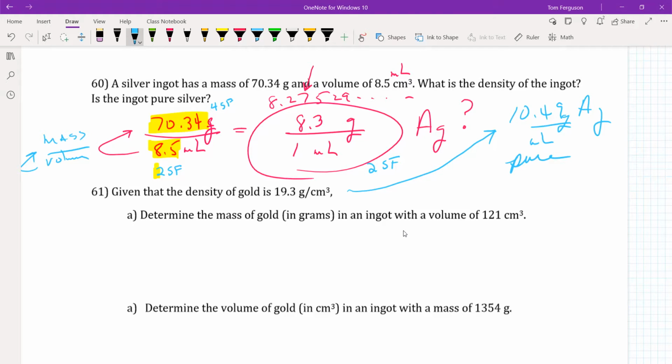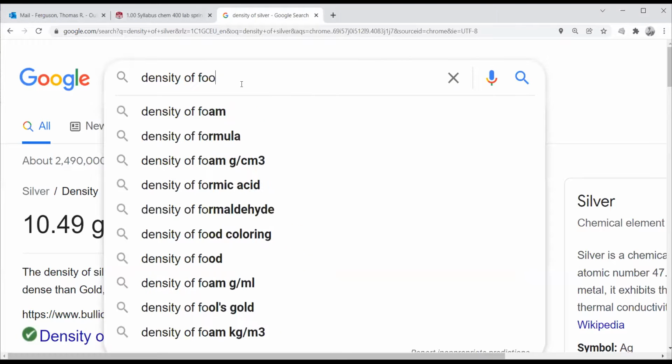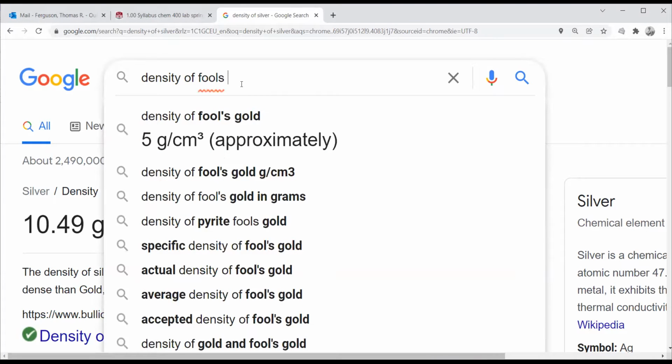This is exactly analogous to how the gold prospectors went in to cash in their gold. They did this same analysis. What is the density of the material you're wanting me to give you cash for? If it's gold, gold is that. Iron pyrite, in fact, let's look up the density of iron pyrite real fast. Okay, so fool's gold is 5 grams per milliliter.